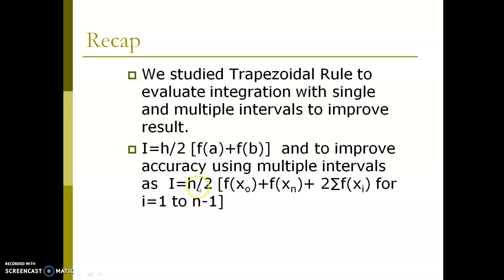The integration formula changes itself to h by 2 into the bracket of the functions evaluated at the starting point and ending point added together, plus the summation of all the intermediate function points, which starts from i equal to 1 to n minus 1. Remember, all the data points will be counted from 0 to n.